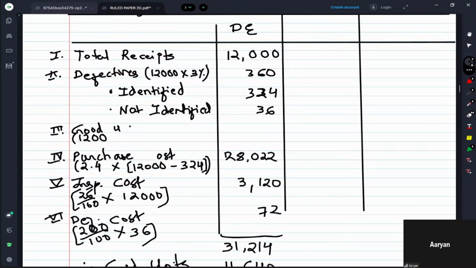Other student, please communicate your answer fast so that we can tally the correct answer.